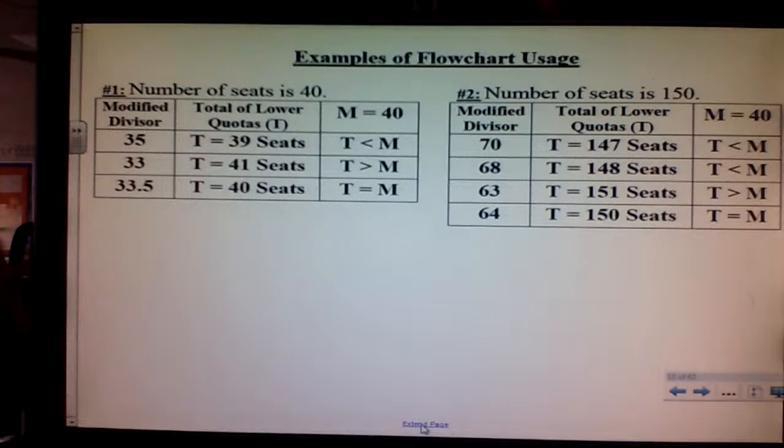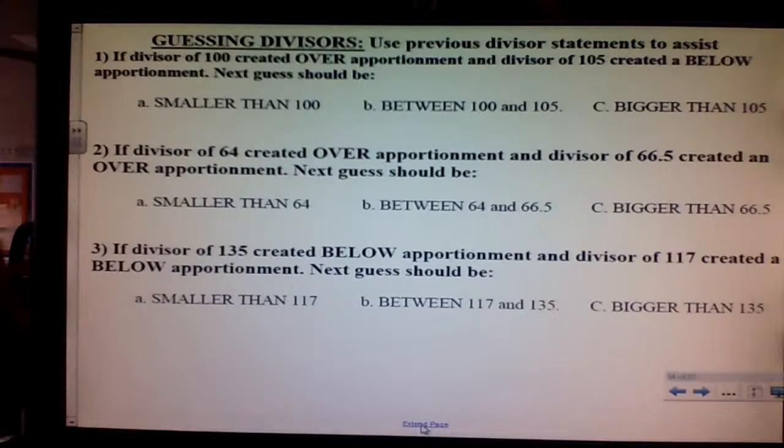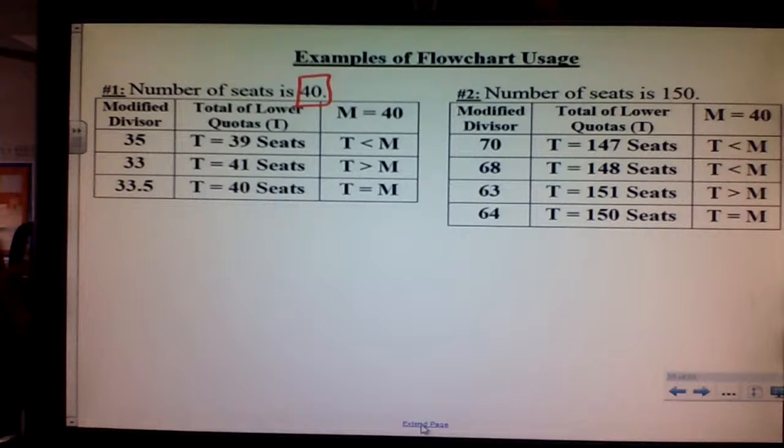So, how this all worked. The number of seats is 40. When I use 35, I only get 39 seats. So 39 needed to go up, so I took 35 down and guessed 33.